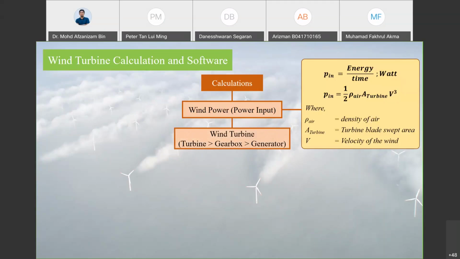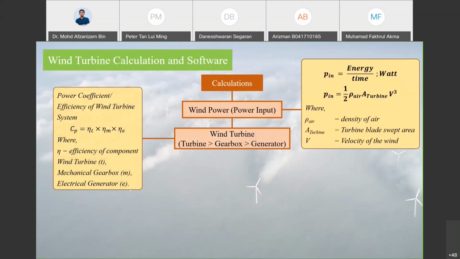Next, we find the wind turbine efficiency, or power coefficient. This power coefficient consists of three parts: the wind turbine part, the efficiency of the mechanical gearbox, and the efficiency of the electrical generator.